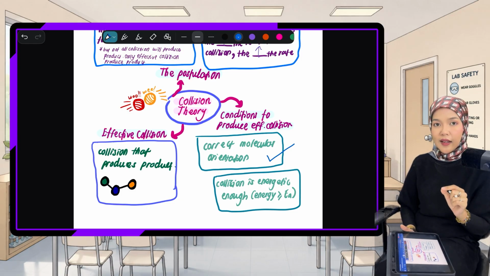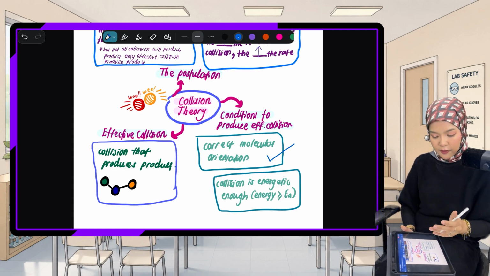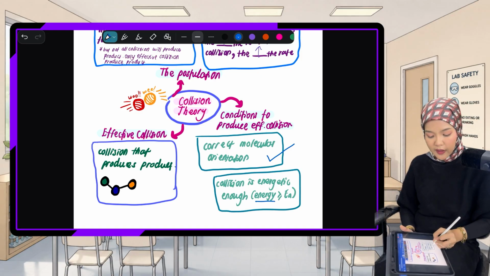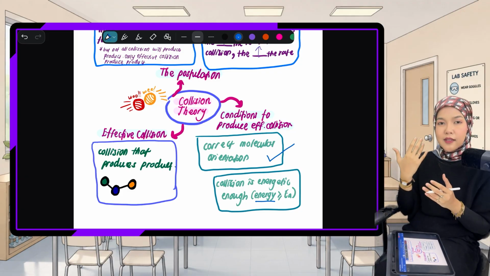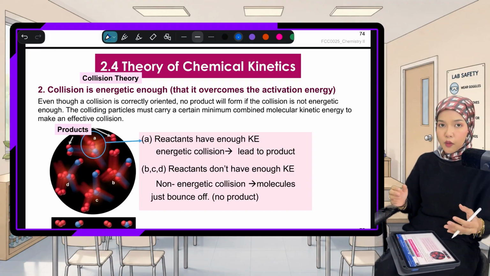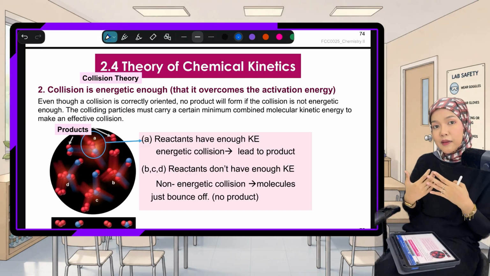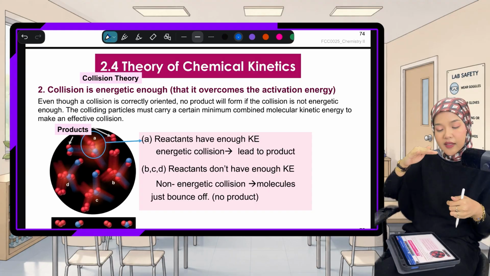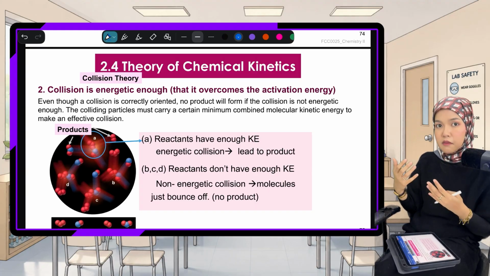The second one is that the collision must be energetic enough. Only then will it produce an effective collision. The energy of the collision must exceed the activation energy of the reaction. So what does it mean? Even though the collision is correctly oriented, there will still be no product if the collision is not energetic enough, because there is an energy barrier that the reactants must overcome.